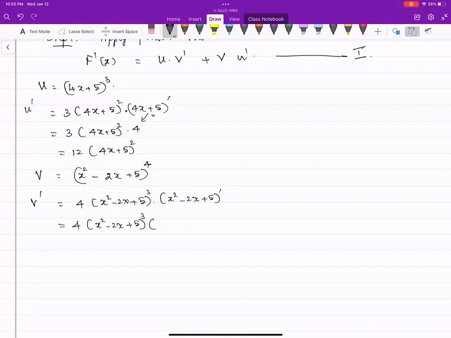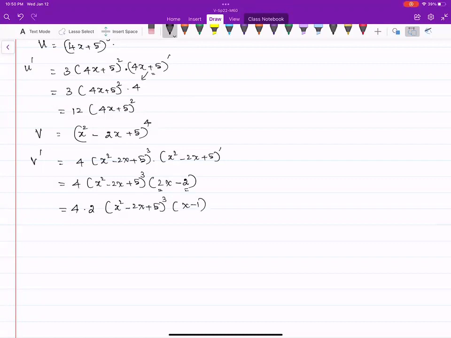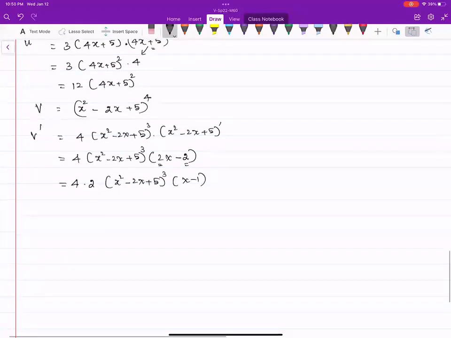Then what is the derivative of x squared? 2x. The derivative of negative 2x is negative 2. So if I pull the 2 out, I'll have 4 times 2, (x squared minus 2x plus 5) the whole cube. With 2 taken out, you are left with x minus 1. So that is v prime.